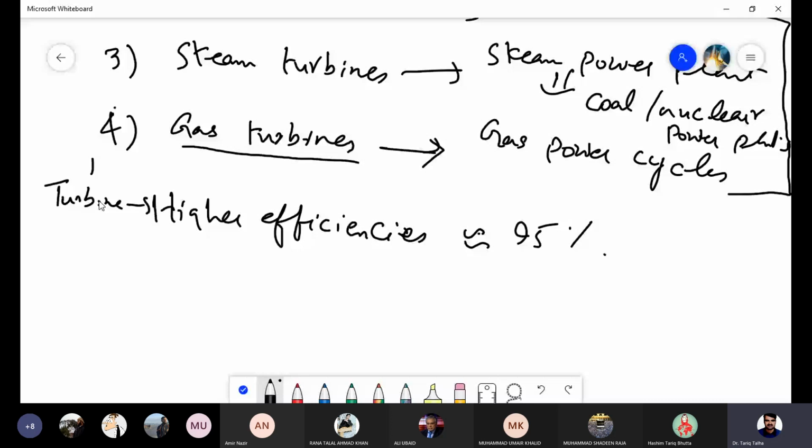So there are certain reasons for higher efficiency. So first of all, because in case of pump, the rotational speeds are high.